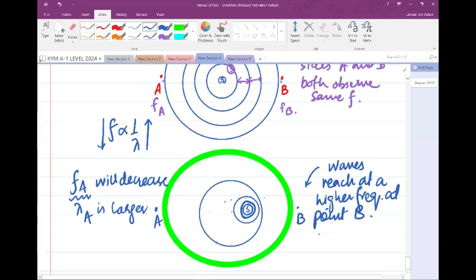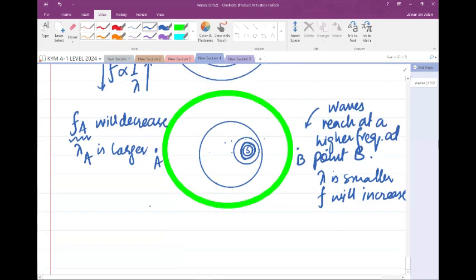So if somewhere the wavelength is smaller, that's where the frequency will increase. Okay, so this tells us that FA will be smaller than FO and FB will be greater than FO.